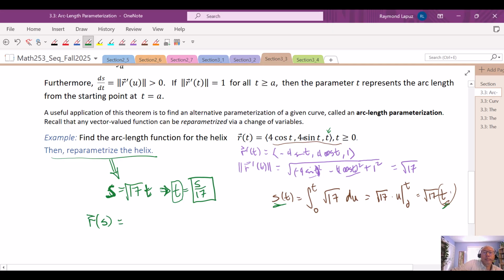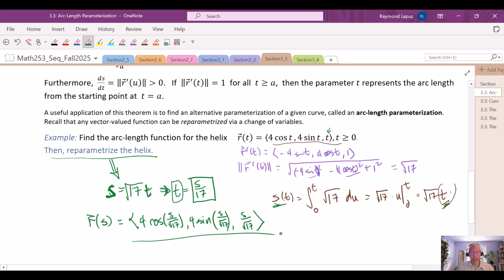So our function will be 4 cosine, now instead of a t, we're going to replace that with an s over root 17, and then we have 4 sine of s over root 17, and then we have just the root s over root 17. So now that's reparameterized by arc length.